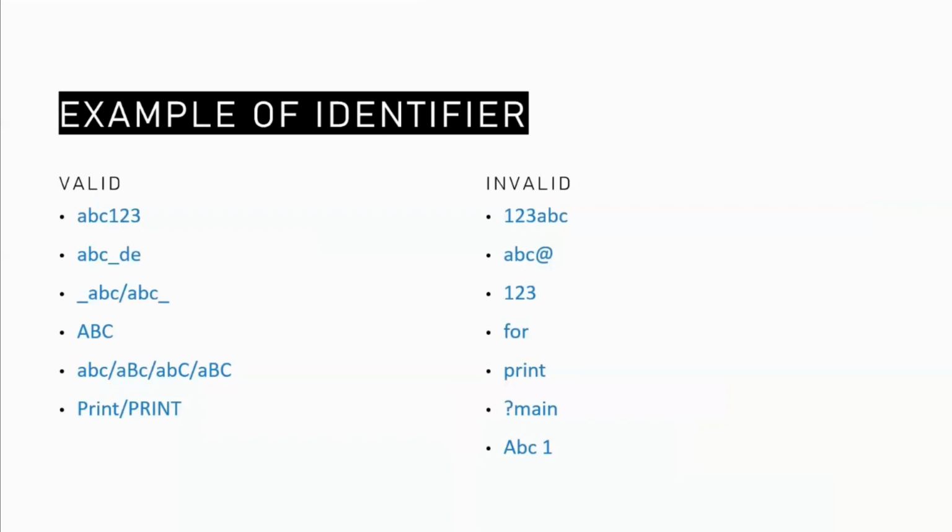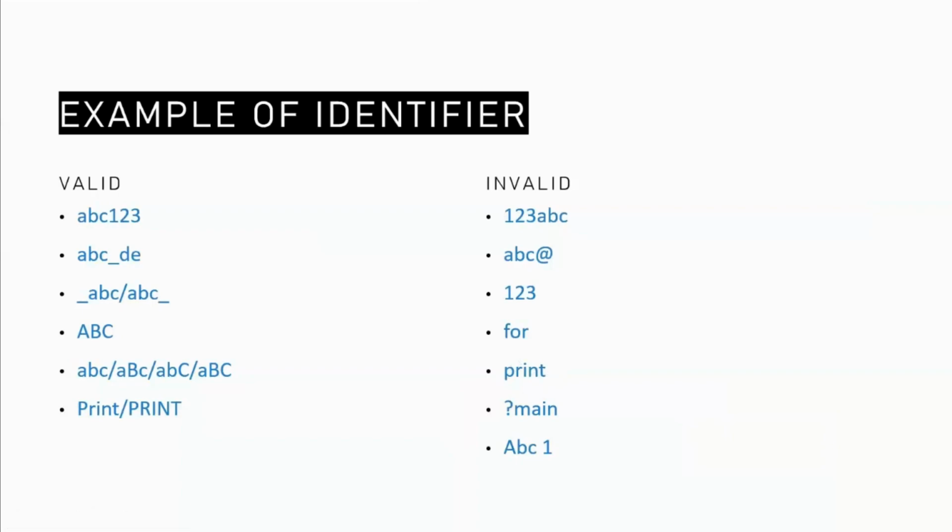Then ABC, similarly you can see aBC, AbC, ABc, ABC with all capital, or Abc with small. It can be anything. Then print, Print, or PRINT with P capital or the whole word in capital is valid. But on the right hand side, print all in small holds a special meaning in Python.